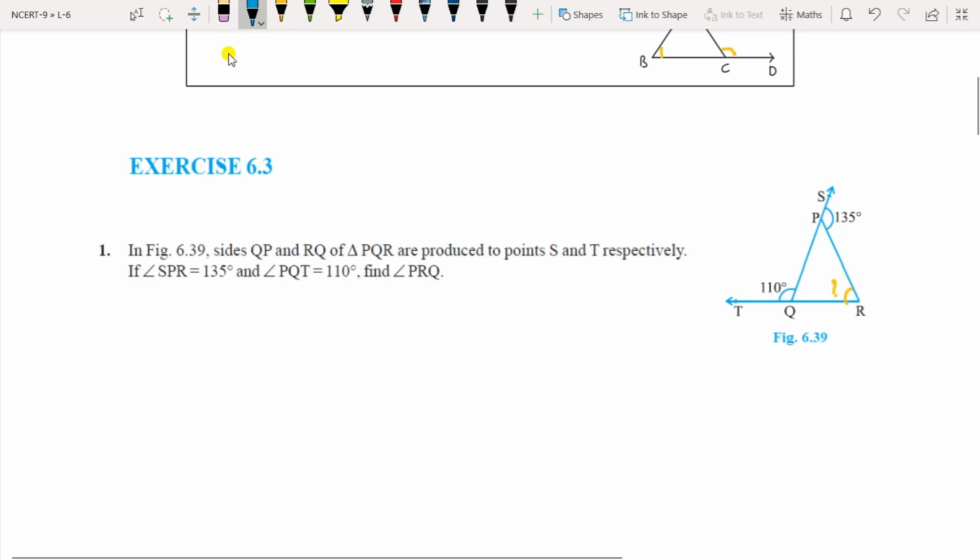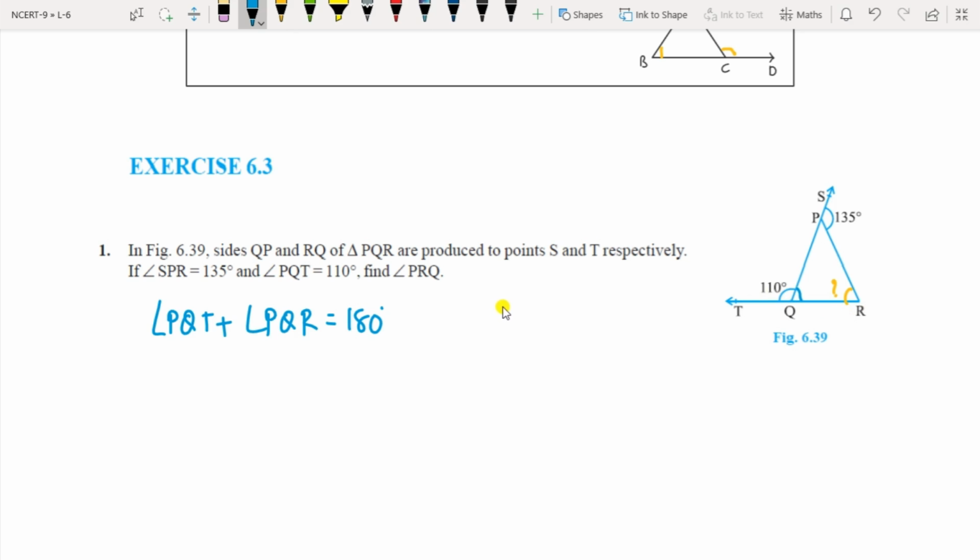So now how to find? Let us write the given. Angle PQT plus angle PQR will be equal to 180 degrees. This angle and this angle will be equal to 180 degrees because this is a straight line.